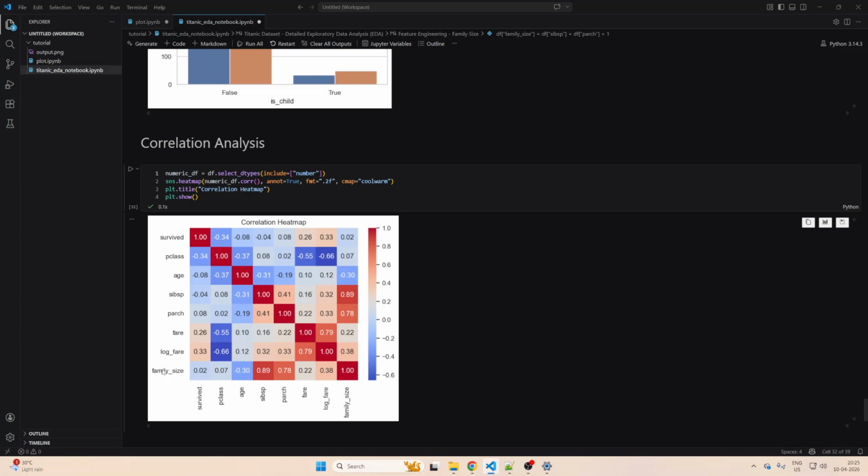Family size is an engineered feature which was calculated using siblings and the parent-child count. So they are correlated. There's no surprise there.